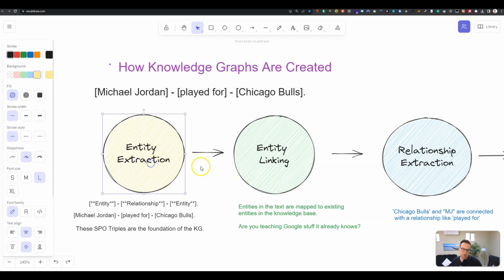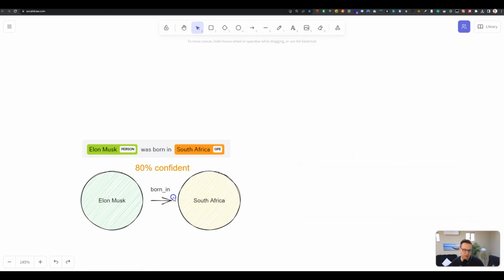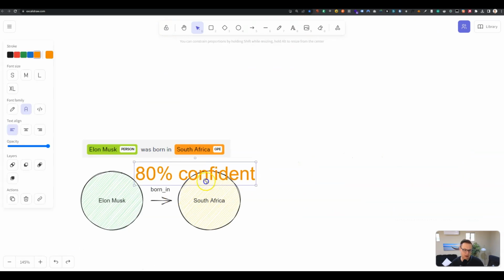The next step, once we extracted the entities, we're looking at entity linking, where we're looking at the knowledge graph and we're asking ourselves, is this a relationship that we already have in our knowledge graph or not? And then if we have it already, then what's the likelihood that this new source basically gives us a more accurate relationship or representation about that thing? So that goes back to the concept that there can be confidence scores assigned to knowledge graph relationships.